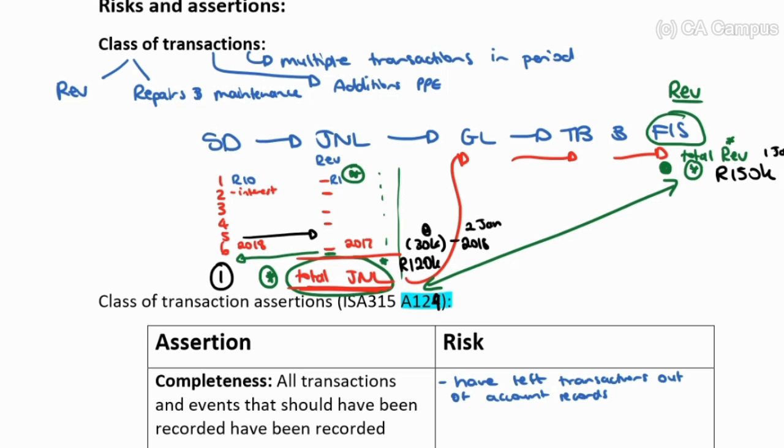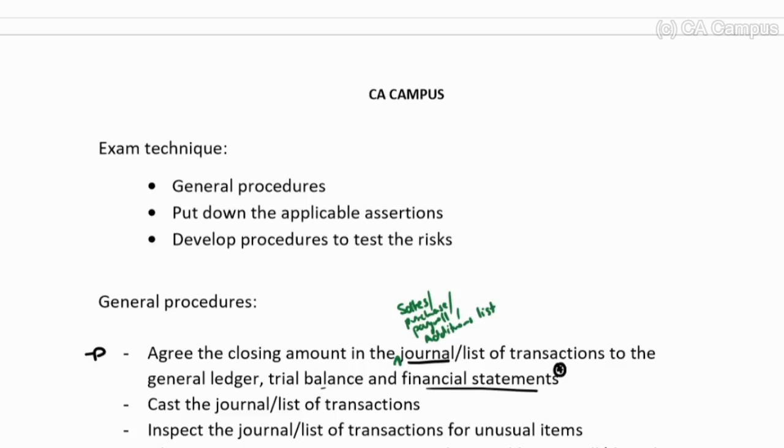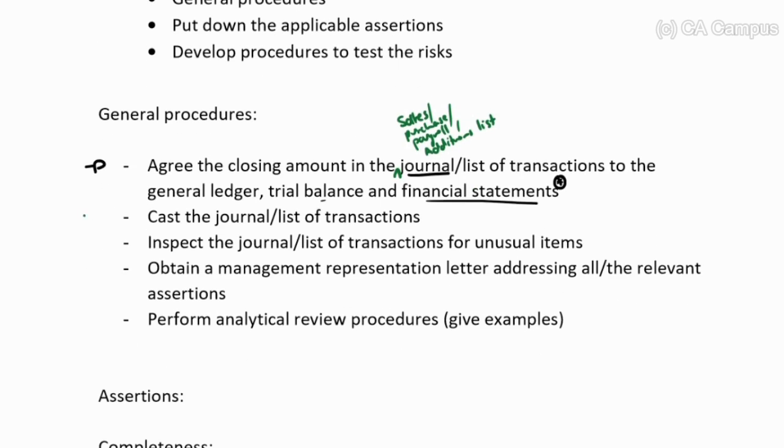I want to make sure that this amount here actually does add up. So before I go and select my sample, I will then say, please go and cast the journal, again being specific with the type of journal, or the list of transactions. So it does actually add up so that the two match to the financials and it's correct.